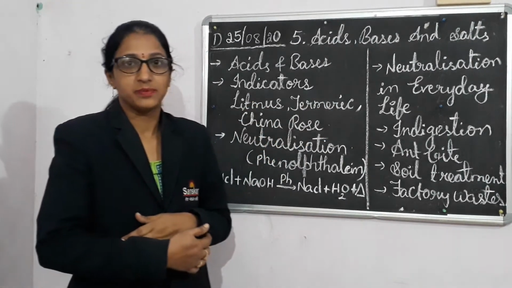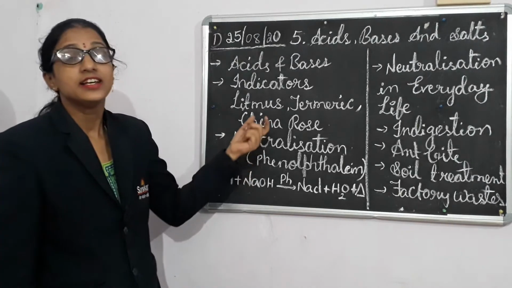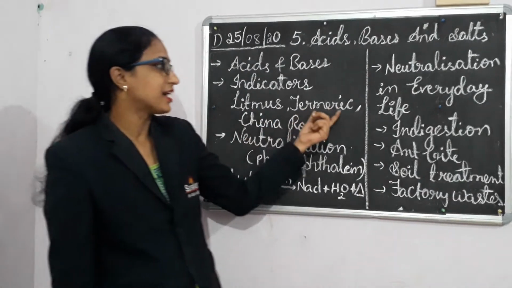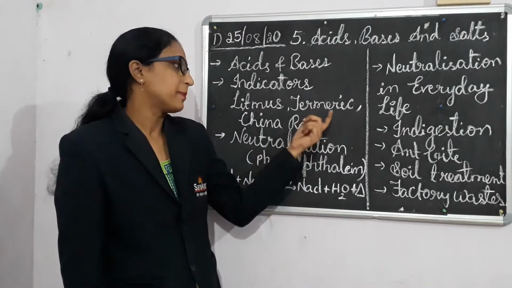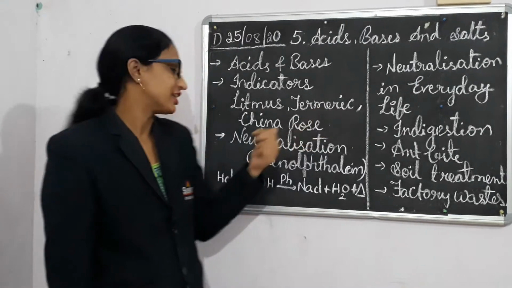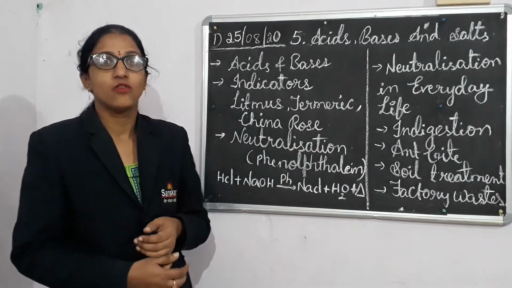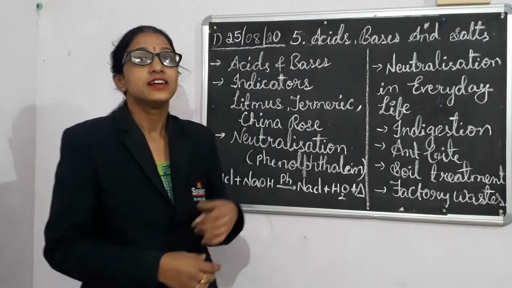Litmus papers are what we normally get in the market to test acidity and basicity. These litmus papers are prepared using lichens. For turmeric paper, by applying turmeric paste on tissue paper, we can prepare the turmeric indicator. And for China rose, by putting China rose petals in warm water, the liquid we get can be used as an indicator.